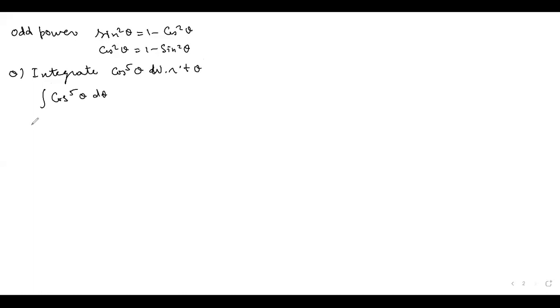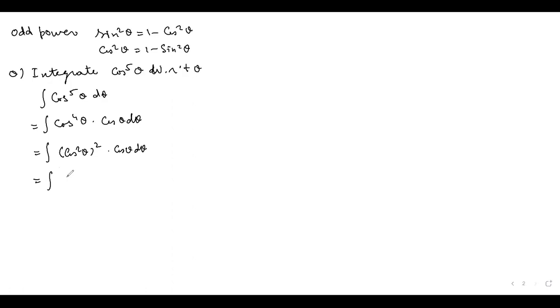In case of odd power, we will always separate one power. We want to use the value for cos square theta, so we will write down cos square theta whole square cos theta d theta. You will have to follow these steps as it is. Integration is a very complicated process.